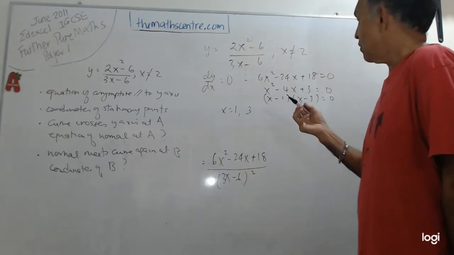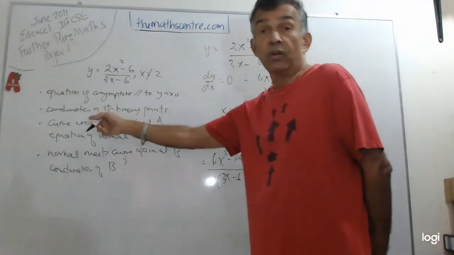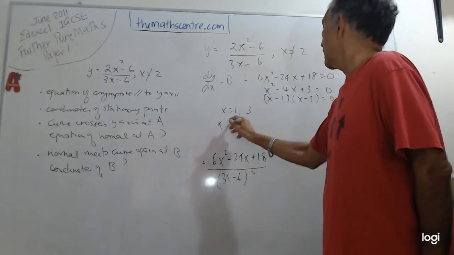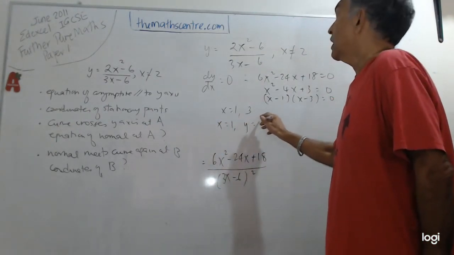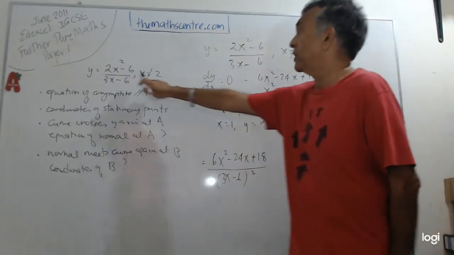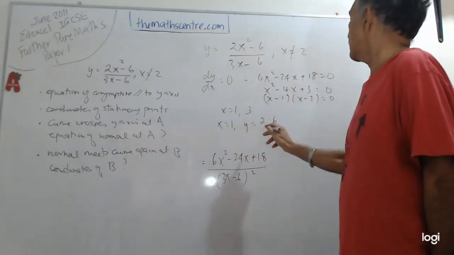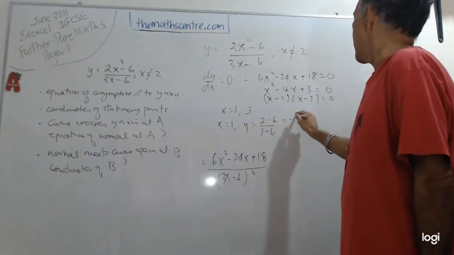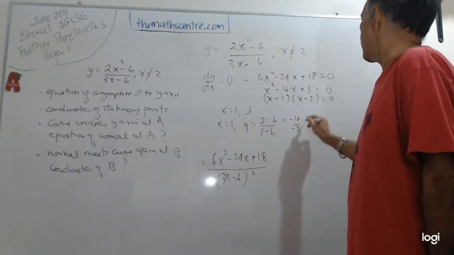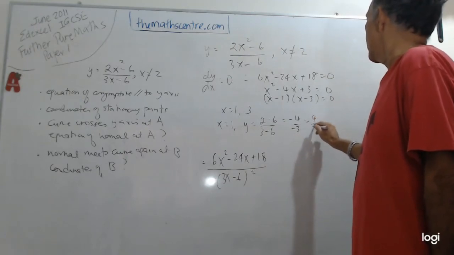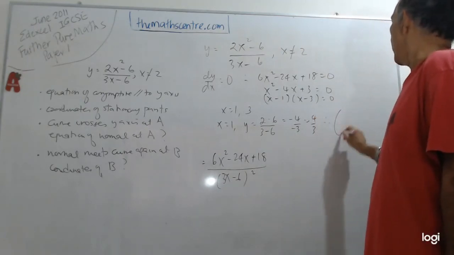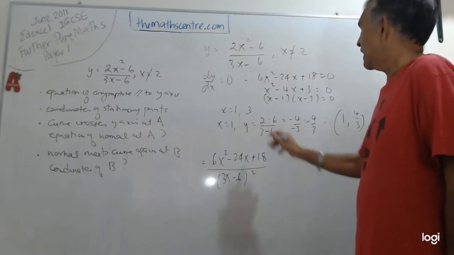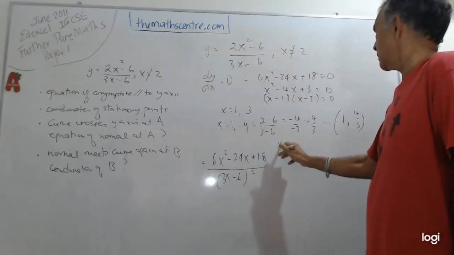They are looking for the coordinates here, so you need to get the y value as well. When x equals 1, y equals 2 minus 6 over 3 minus 6, which is minus 4 over minus 3, so that is 4 over 3. So one of the points will be (1, 4/3). Then x equals 3.